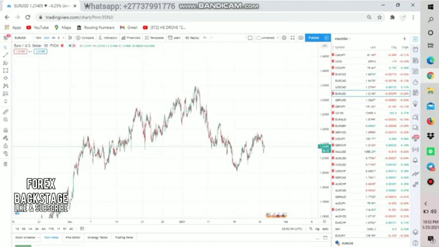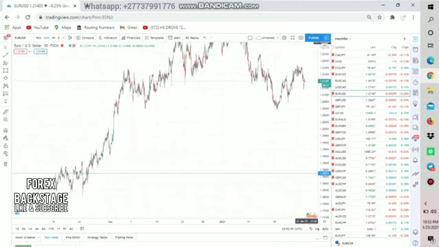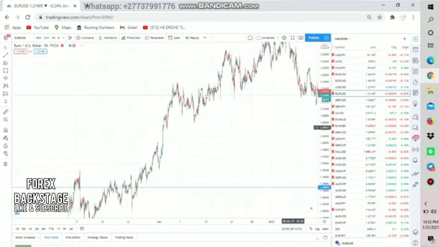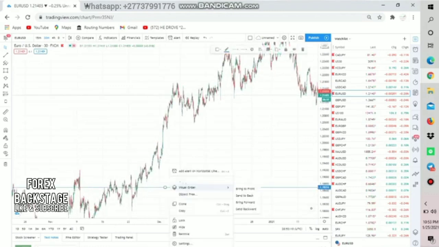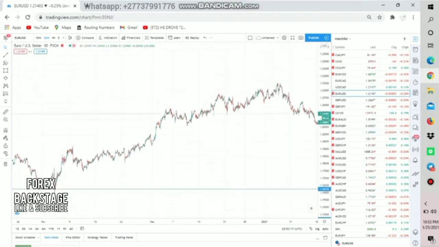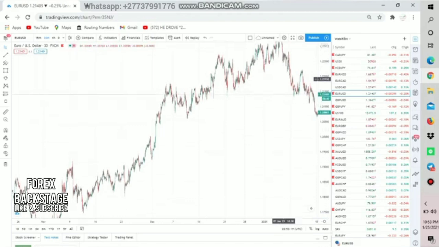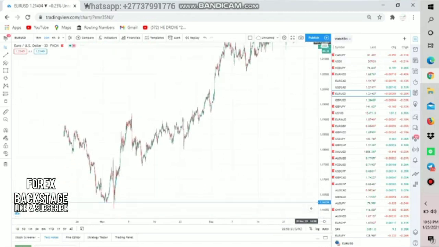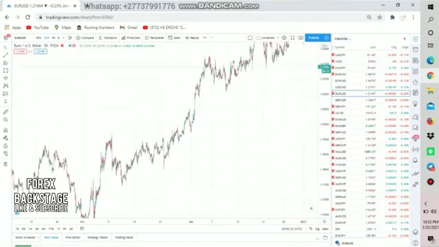Remember, we're trading all of these pairs. So you're going to find this setup, whether you like it or not, on one or two or three of these pairs per day.